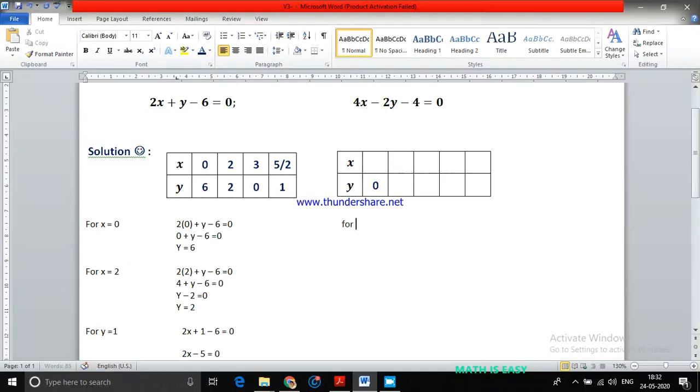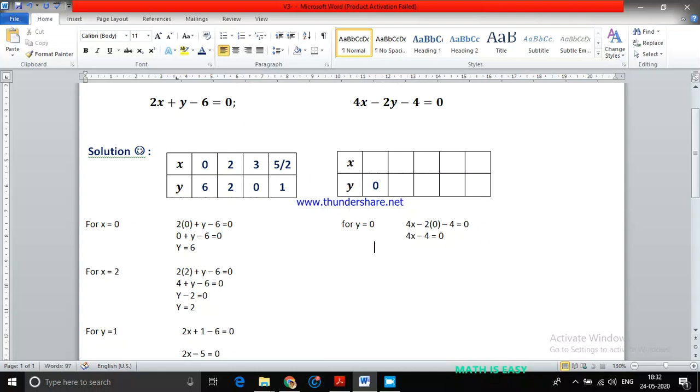So here I'll write for y equals 0: 4x minus 2 times 0 minus 4 equals 0. 4x minus 2 times 0 is 0, so I can exclude it, minus 4 equals 0.